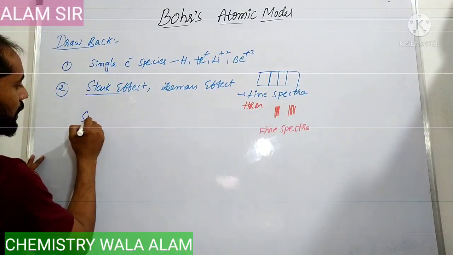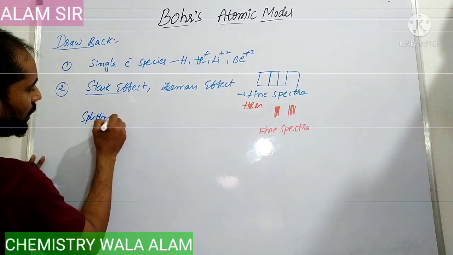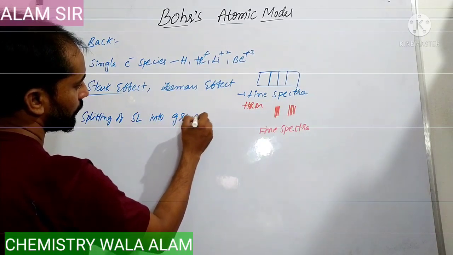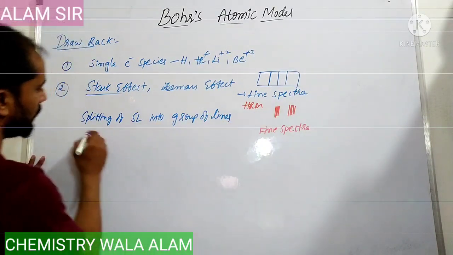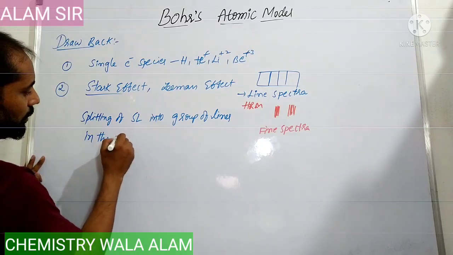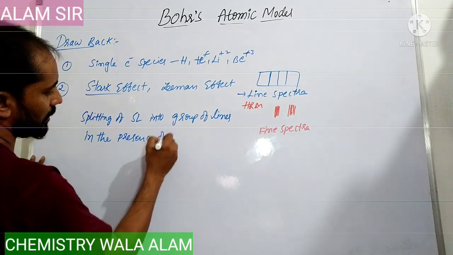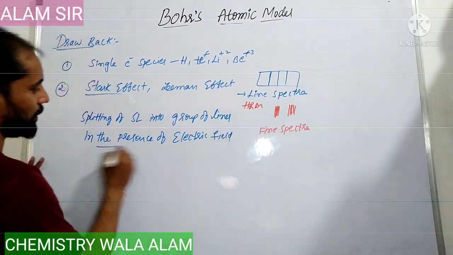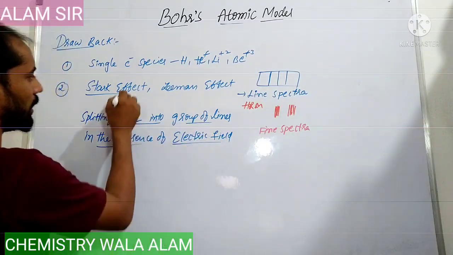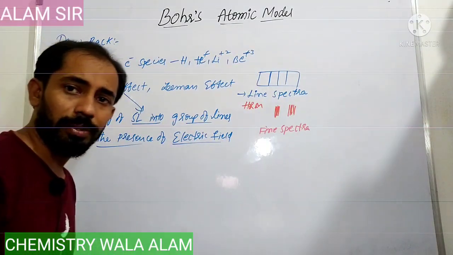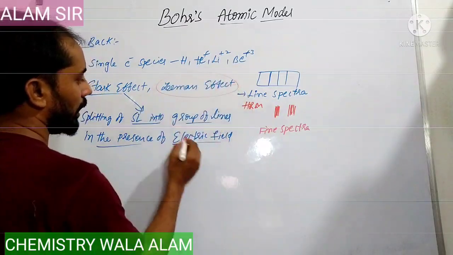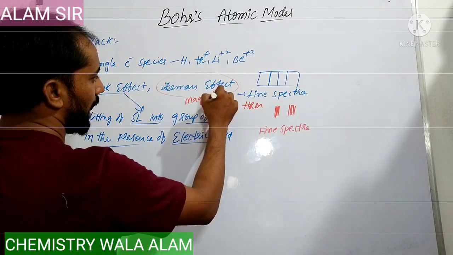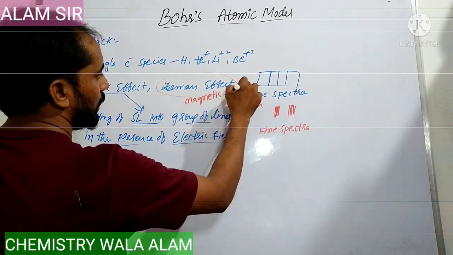Stark effect is the splitting of spectral lines into a group of lines in the presence of an electric field. The same thing in a magnetic field, splitting of spectral lines into a group of lines in the presence of a magnetic field, is called the Zeeman effect.